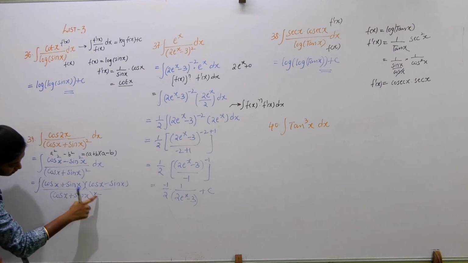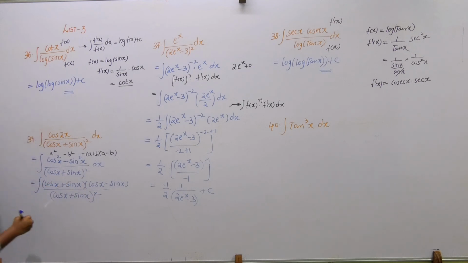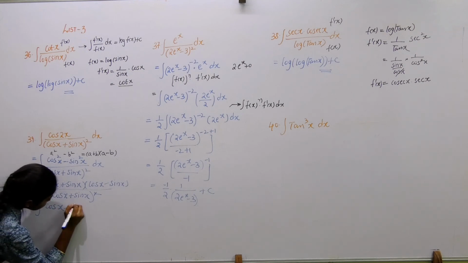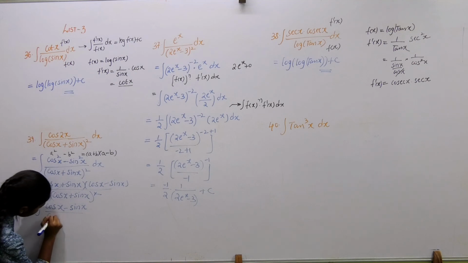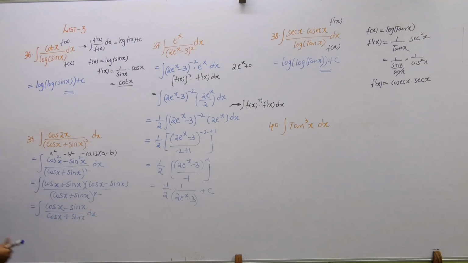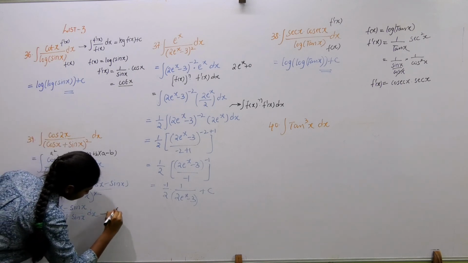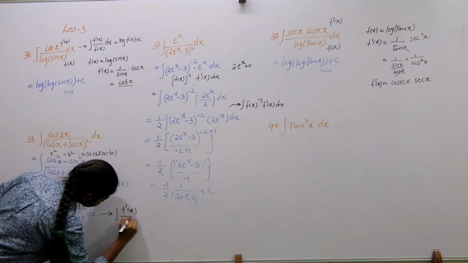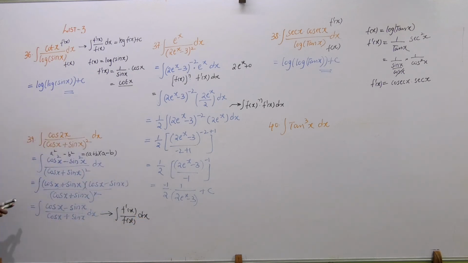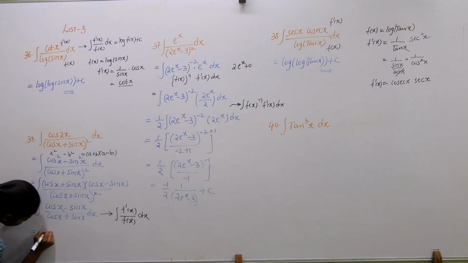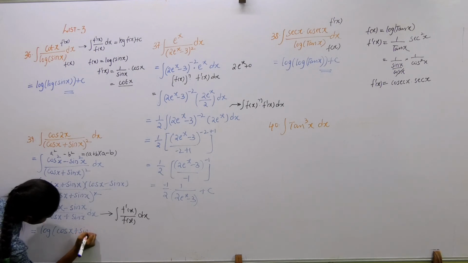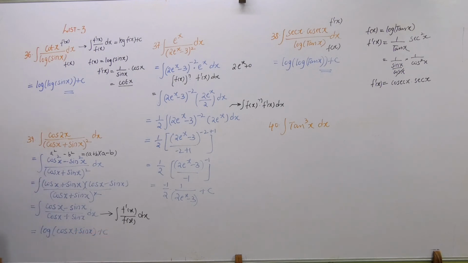This term squared and cos x plus sin x get cancelled and we are left with integral cos x minus sin x by cos x plus sin x dx. Now this is in the form of integral f dash of x by f of x dx, which equals log of f of x. And when we substitute it here, we get log of cos x plus sin x plus c.